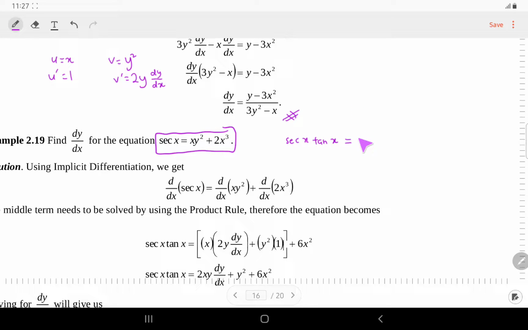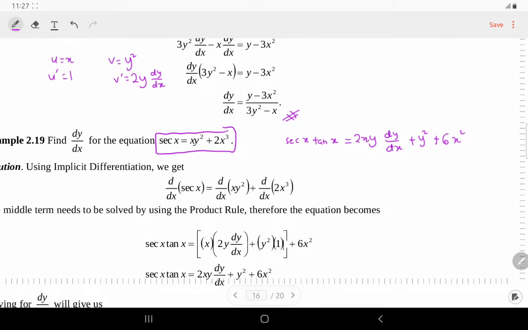Our uv prime is 2xy dy over dx, plus vu prime, which is y squared, plus the last term 2x cubed. Differentiating 2x cubed equals 6x squared.